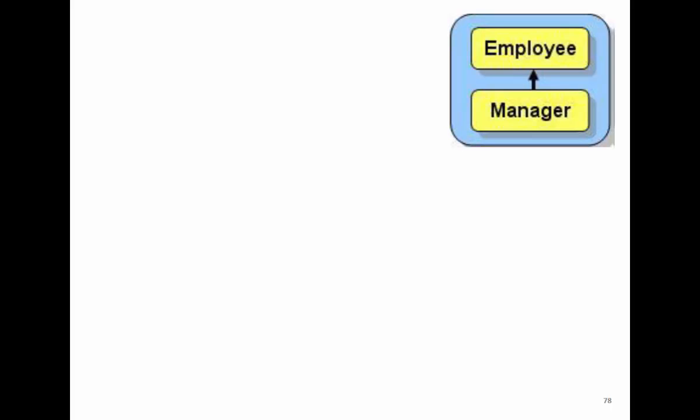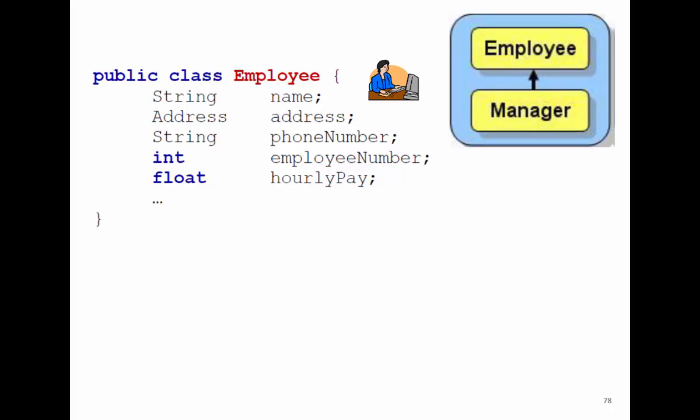Let's see. Someone says, okay, employee and managers. So for the employee I have a name, an address, and we consider address as an object. And then we have a phone number, and we have an integer as the employee number, and we have a flat hourly rate. That is the employee. That is the superclass.